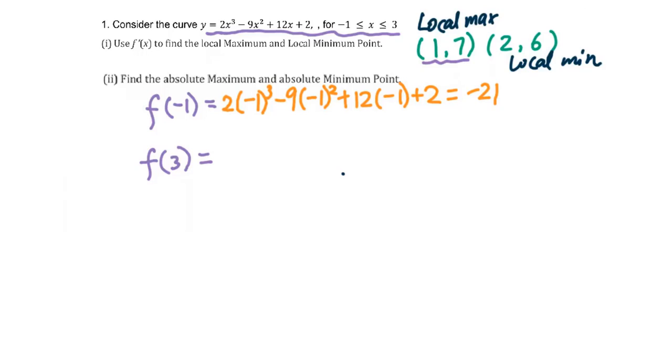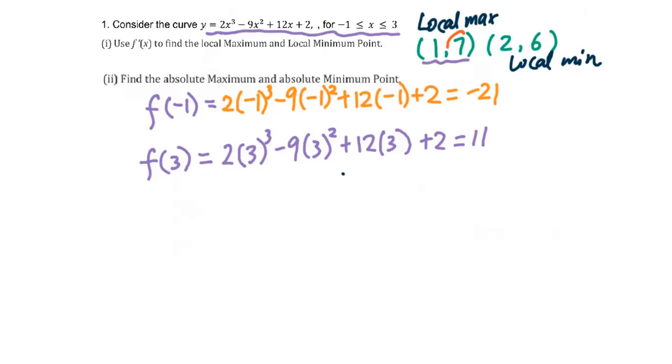For f of 3, you get 2 times 3 to the third power minus 9 times 3 squared plus 12 times 3 plus 2 equals 11.